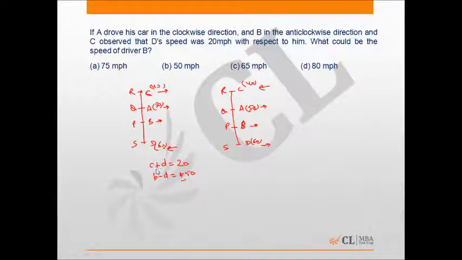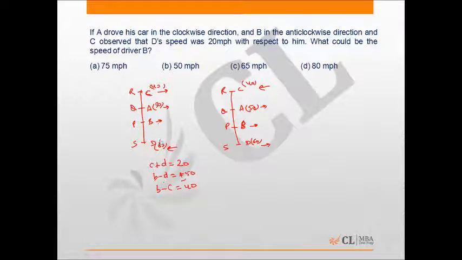And from this I can say that the maximum value of C is 20, right? C cannot be more than 20. That means the speed of C has to be less than B. It cannot be that C minus B is 40, right? We have two possibilities here, B minus C or C minus B is 40, right? So now because C is not more than 20, it's obviously B minus C is 40.